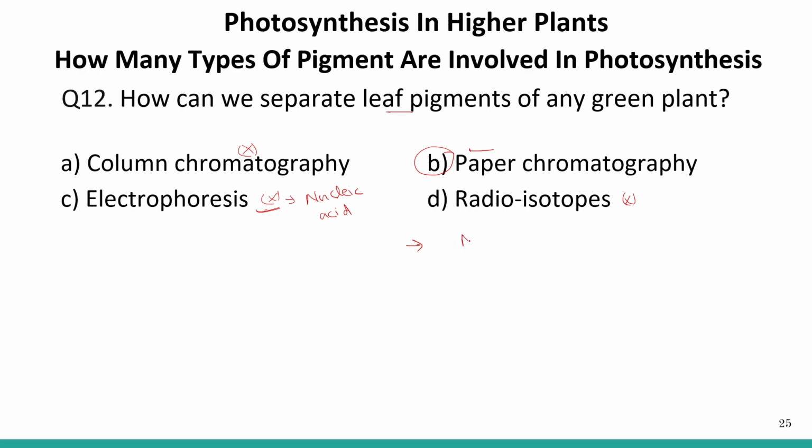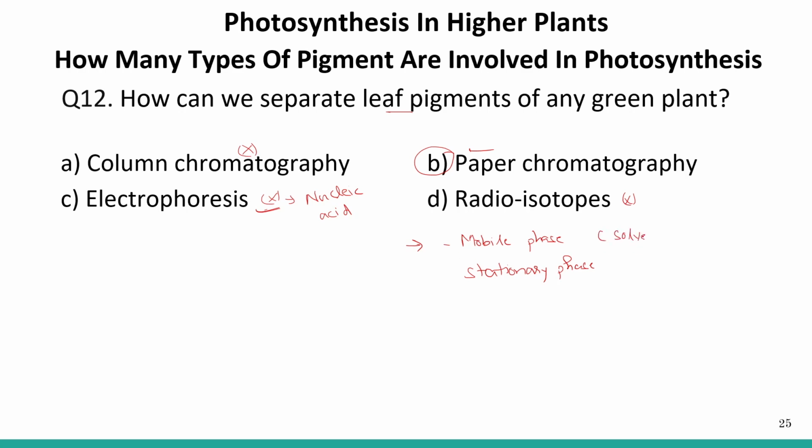It consists of a mobile phase, which is the solvent, and then we have the stationary phase, which is this paper, usually cellulosic in nature. So during paper chromatography, the first phase is the mobile phase, then we have the stationary phase.